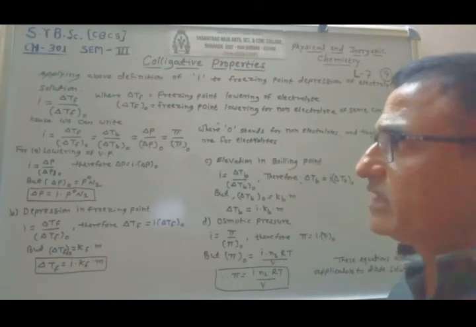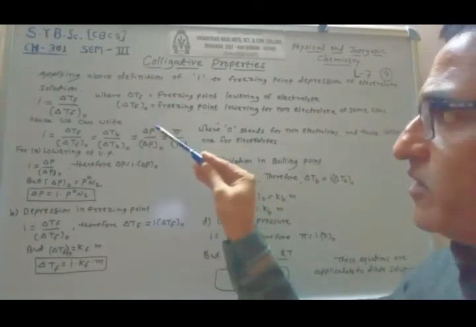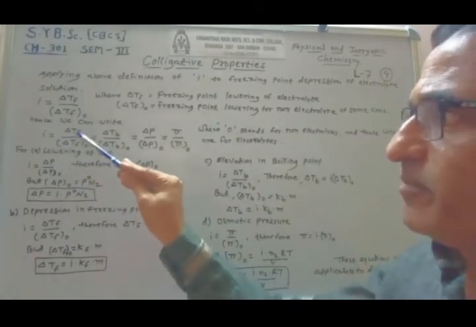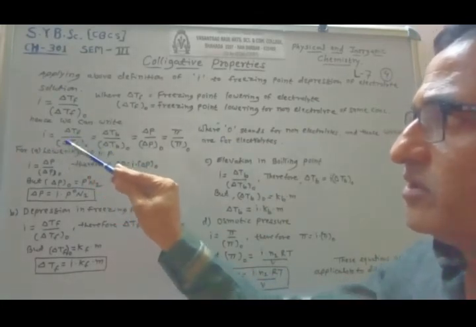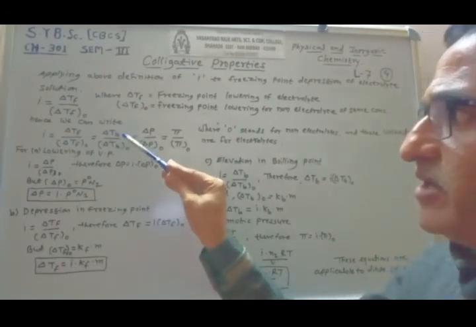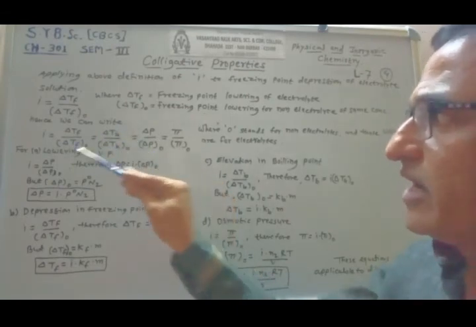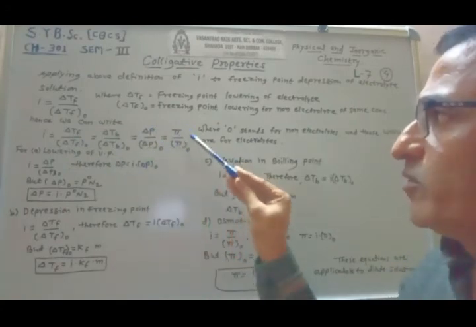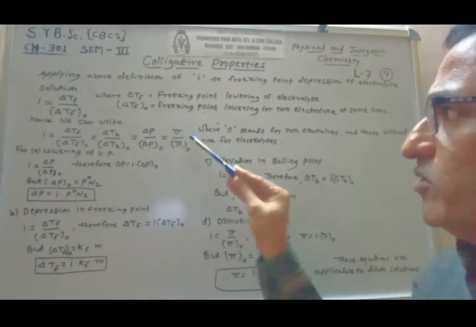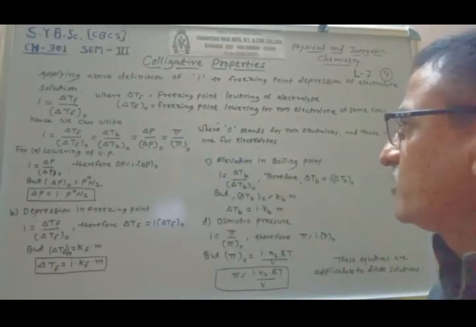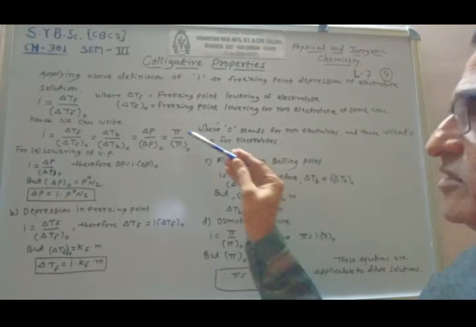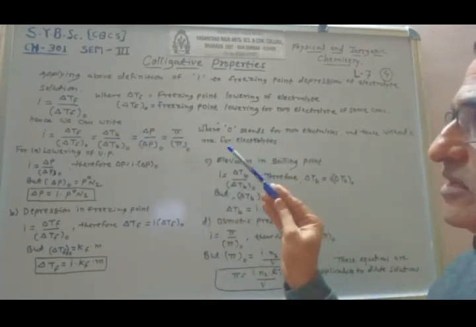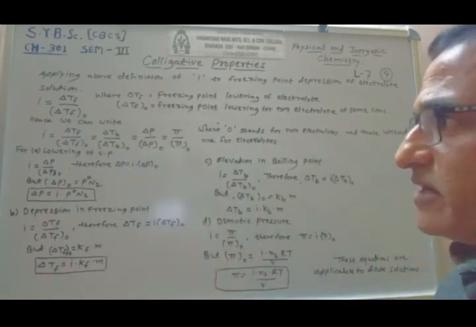Hence we can write the equations for all four colligative properties: i is equal to delta Tf upon delta Tf0, or i is equal to delta Tb upon delta Tb0, or i is equal to delta P upon delta P0, or i is equal to pi upon pi0, where 0 stands for non-electrolytes and where there is no 0, it is for electrolytes. So here we have the van't Hoff factor i.